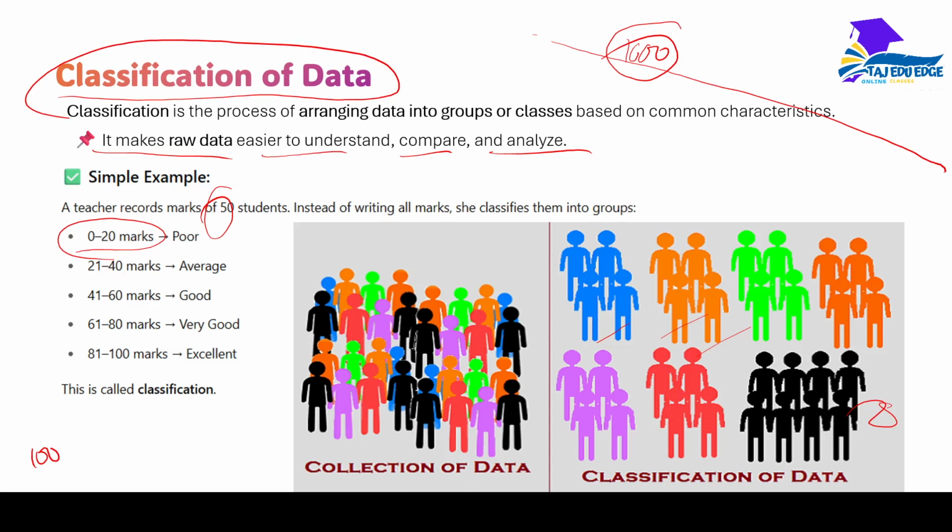I can segregate the data based on their marks. Like this, I can put marks 0 to 20 as poor. Whether it is 50 students, 1000 students or 10,000, we can easily segregate it. So that is why the classification of data makes sense. It helps in understanding, comparing and analyzing the available data.